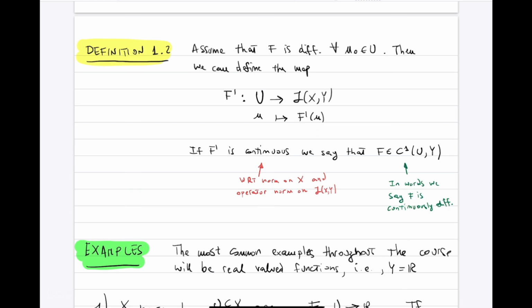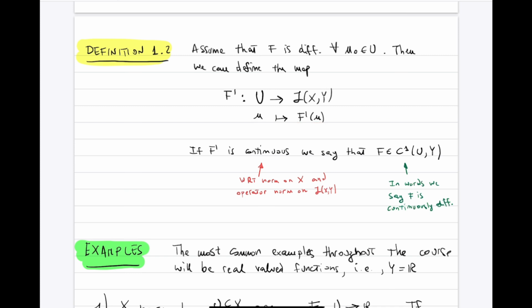So now that we have the definition of differential at a point, we can also talk about C1 functions. We say that f, which is always a function defined from u into y, if it is differentiable for every u0 in u, then you can define this map f prime from u into the linear continuous operators from x into y, which sends u to its corresponding Frechet derivative, this operator here.